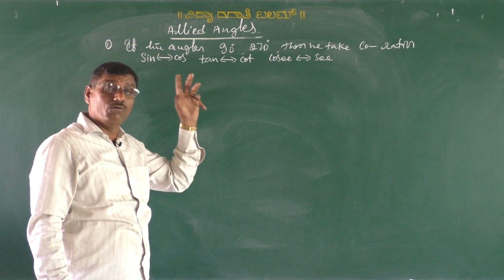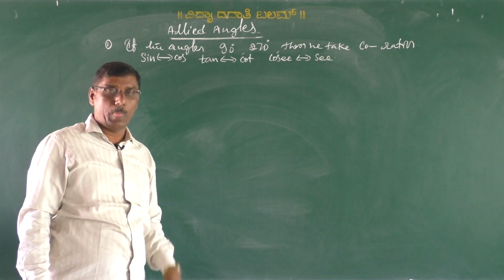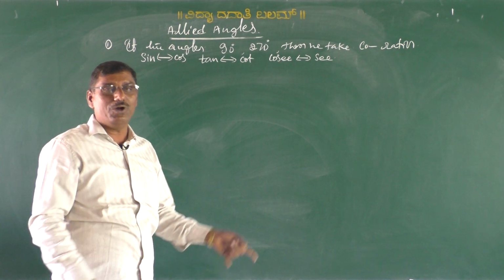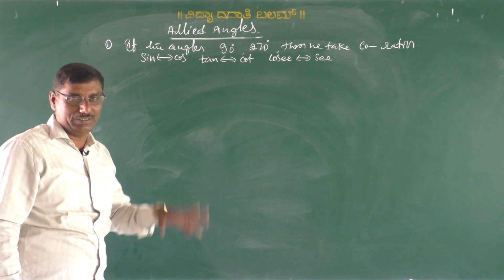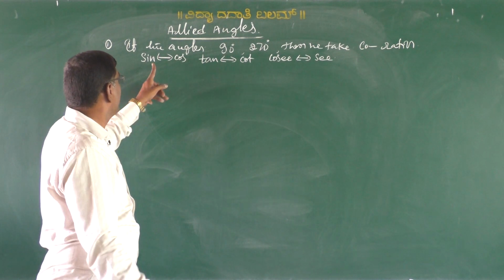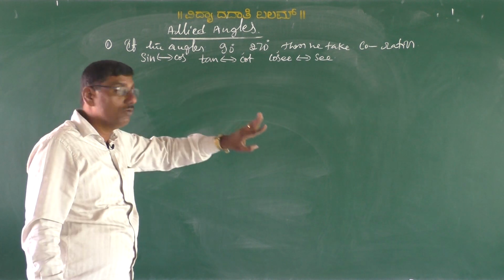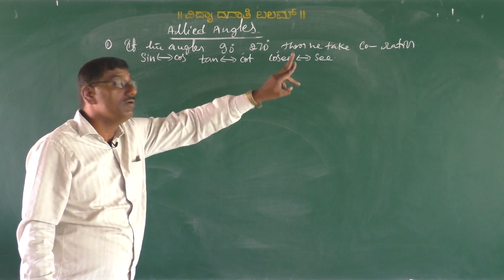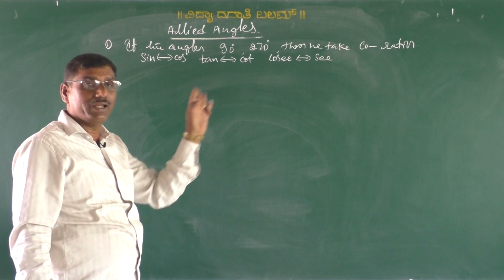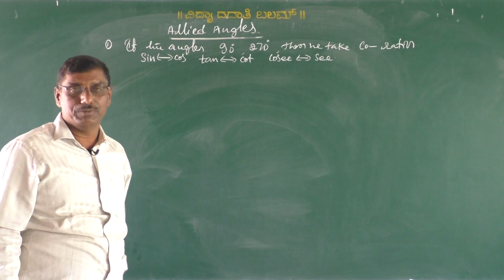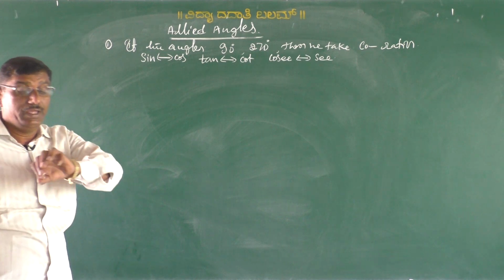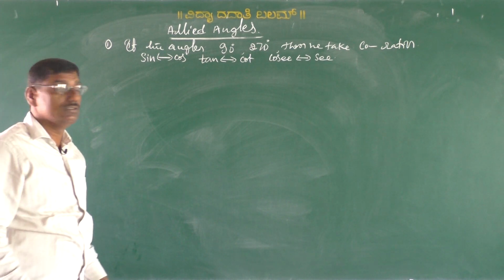These are the 6 we call co-ratios. Reciprocal ratio and co-ratio are different. For sine, cos is the co-ratio, for tan, cot is the co-ratio, and for cosecant, secant is the co-ratio, respectively each other, my dear students.